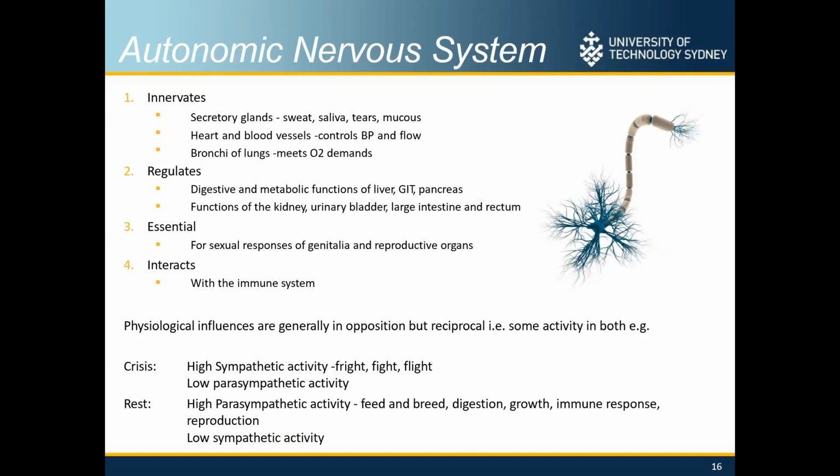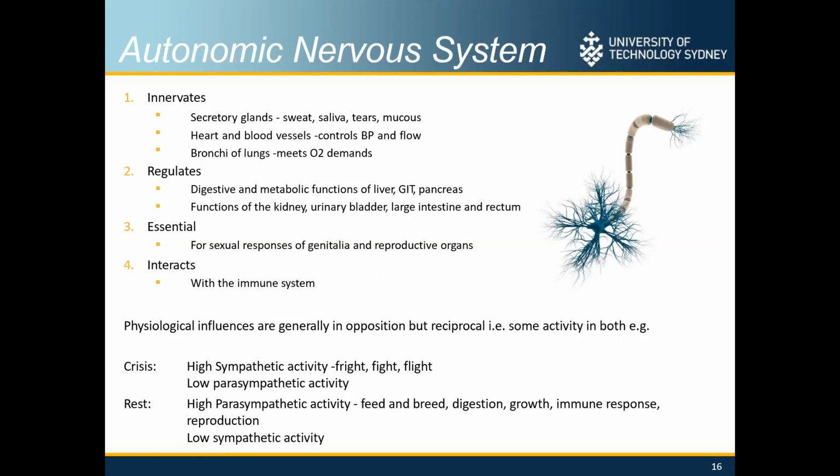It also regulates the function of the kidney, urinary bladder, large intestines, and also the rectum. The autonomic nervous system has been shown to be quite essential for sexual responses of the genitalia and also the reproductive organs. And lastly, it interacts with the immune system.